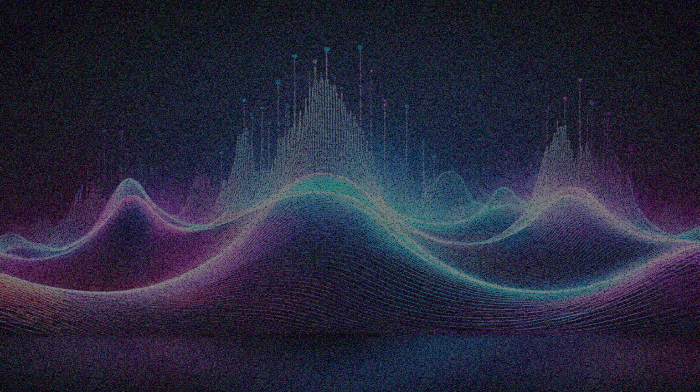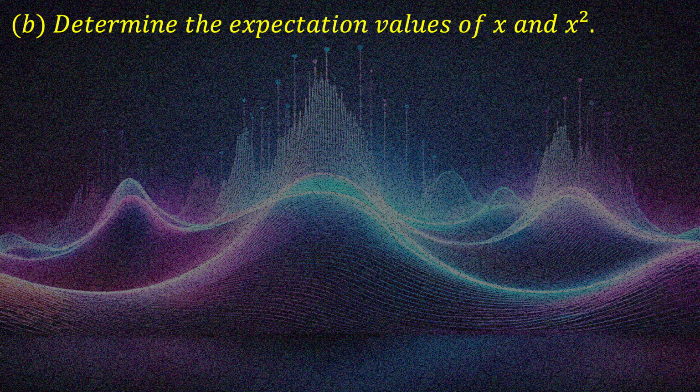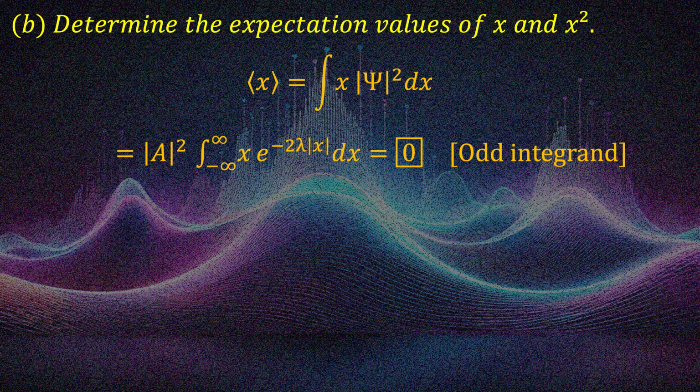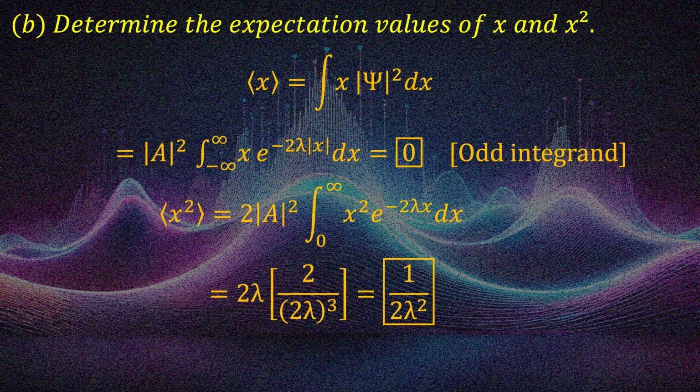Now we want to calculate the expectation value. We know the definition of expectation value, and we can plug that in, and this is an odd integral, so the expectation value of x is 0. For the expectation value of x square, this is a mixture of functions, and you can apply integration by parts and calculate this value.